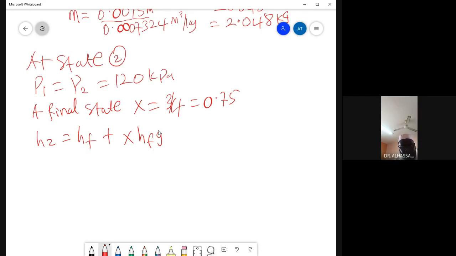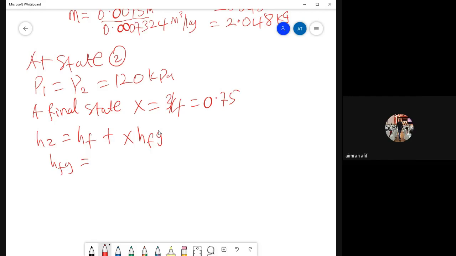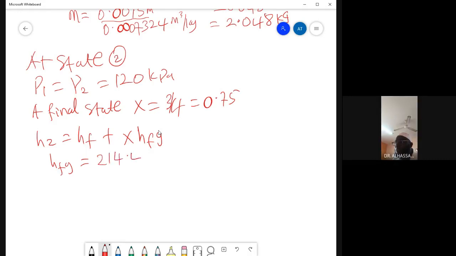So now quickly we will determine from the property table, let's say hfg at 120 kilopascal. What is hfg? Let's see. hfg at 120: 214.48 kilojoules per kilogram.